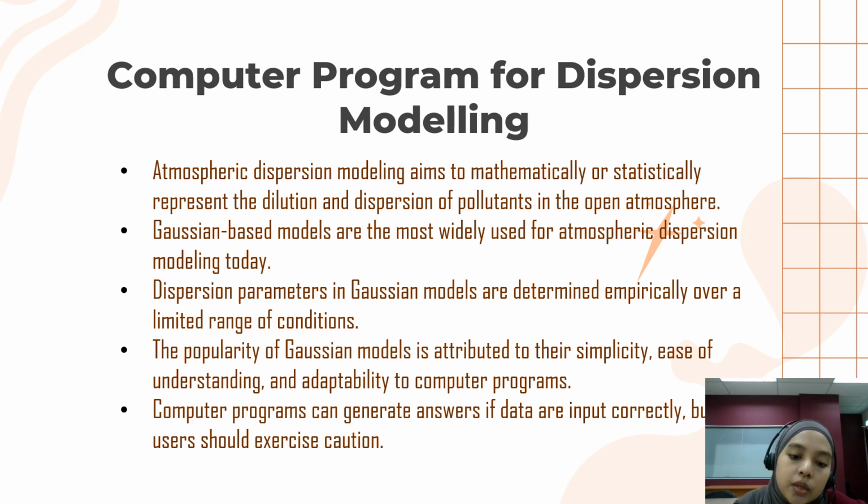The dispersion parameters in the Gaussian model are determined empirically over a limited range of conditions. The popularity of the Gaussian model is attributed to its simplicity, ease of understanding, and adaptability to computer programs. Computer programs can generate answers if the data are input correctly, but users should exercise caution with the program.